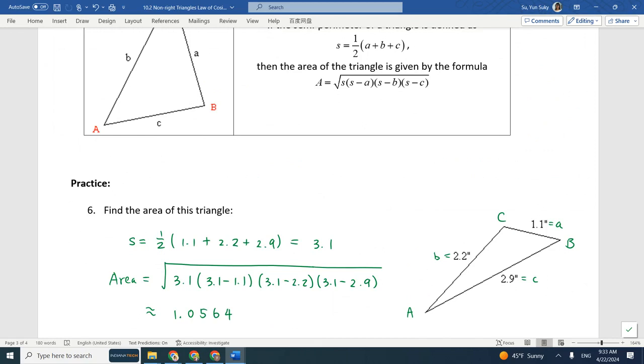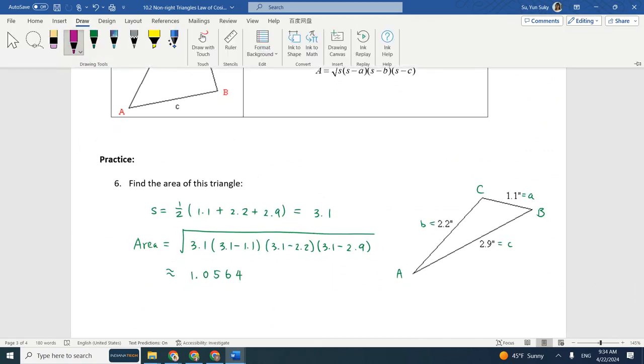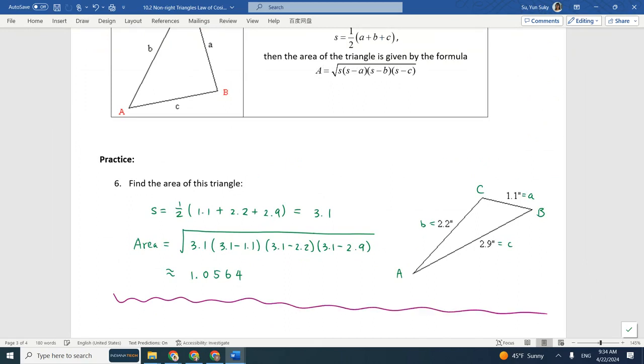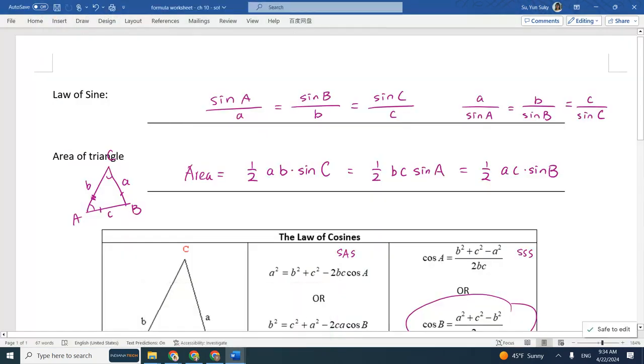Okay, so this is this set of formulas. Now let me ask you another question. Because in the exam, this formula won't be given. Then you can use the old formula. If you know two sides and the angle between them, then you can use 1/2 the two sides times the sine of the angle between them.